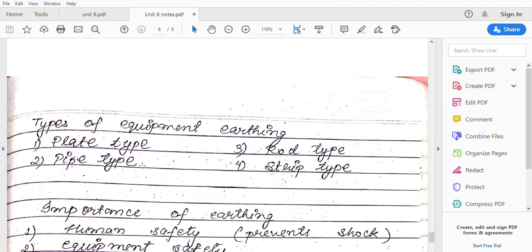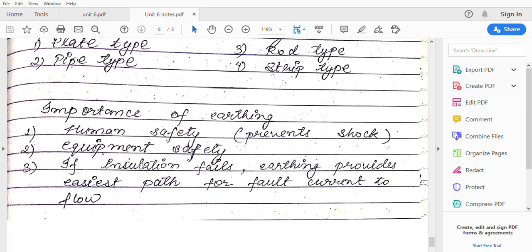So what is the importance of earthing? We need human safety, person safety, because in order to prevent shock, you know the disadvantages of getting a shock. Also the equipment will be safe, and if insulation fails, okay, every device is having some insulation, some protective measures, but if those things fail, then earthing will be providing the easiest path for fault current to flow.